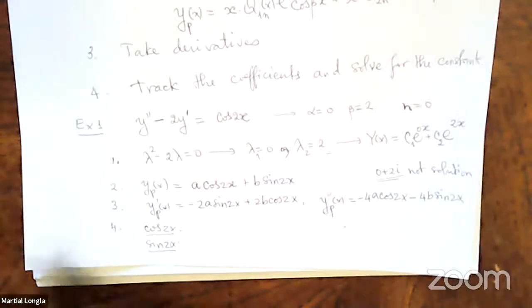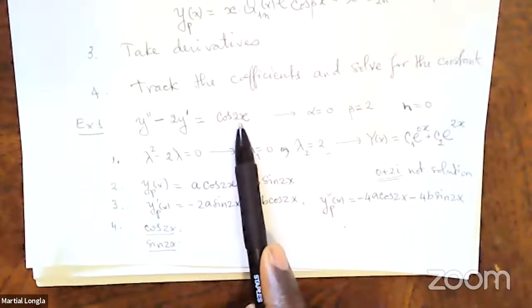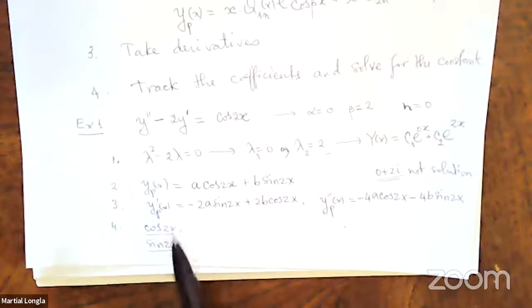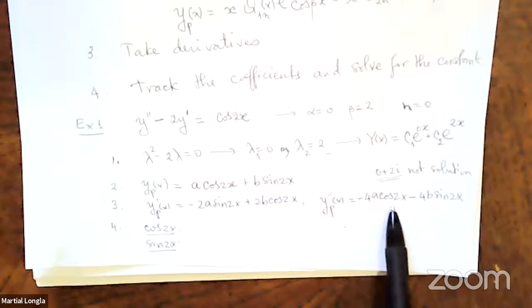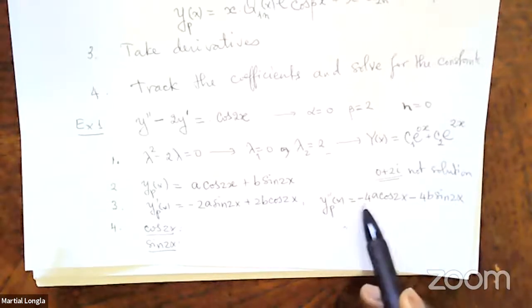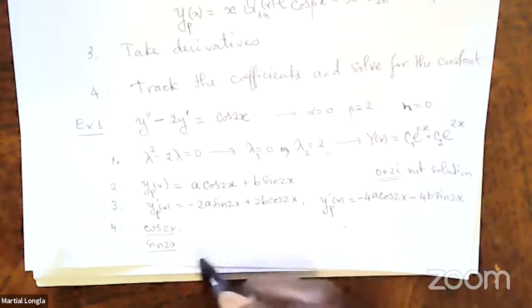You want to track the coefficients, you need to follow the equation. Second derivative, cosine of 2x, you go to the second derivative, you look for cosine 2x, and that coefficient right there is minus 4a.